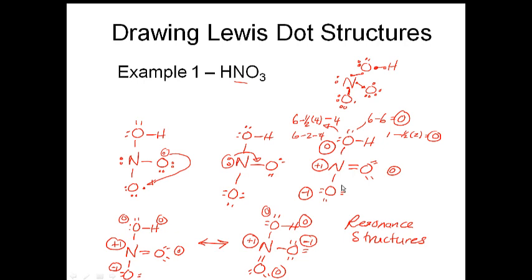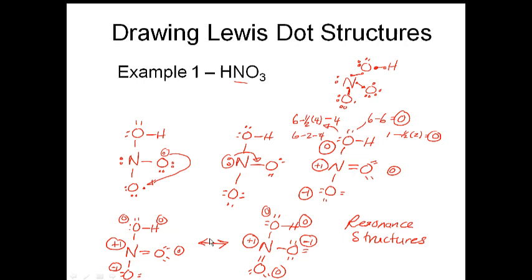And so what you see is that in resonance structures, the charges could be on different atoms. In this case, the bottom oxygen is a -1 charge. Over here, the right-handed oxygen has the -1 charge. So here are two legitimate resonance structures that can be written for nitric acid.